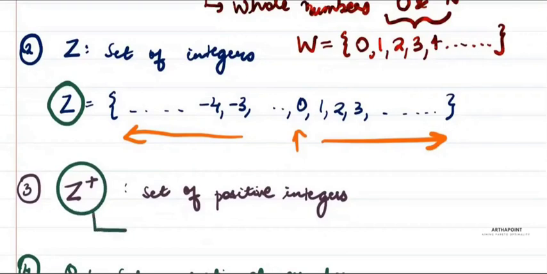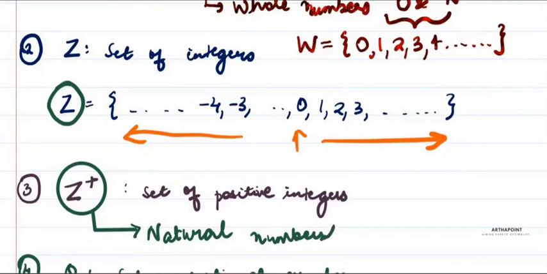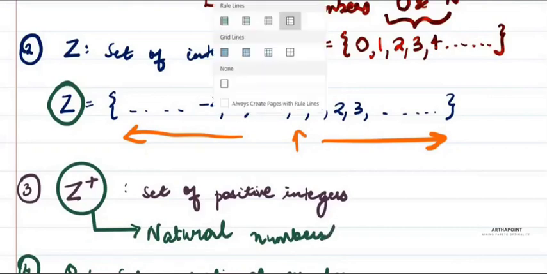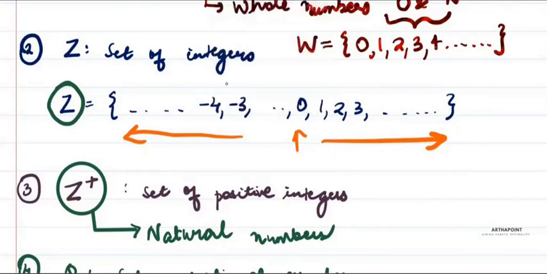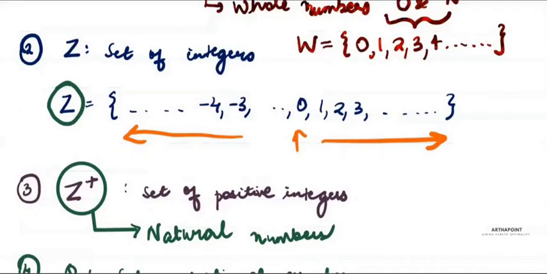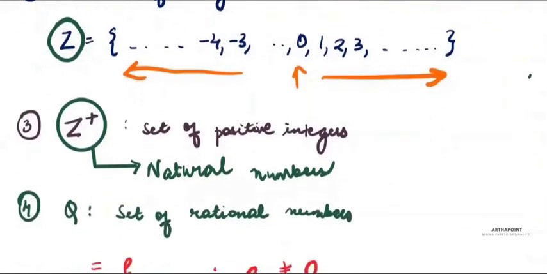So Z plus is literally nothing but natural numbers, right? Because I have gone ahead and I have eliminated all the negative numbers and zeros. So, Z plus is ideally nothing but my natural numbers.